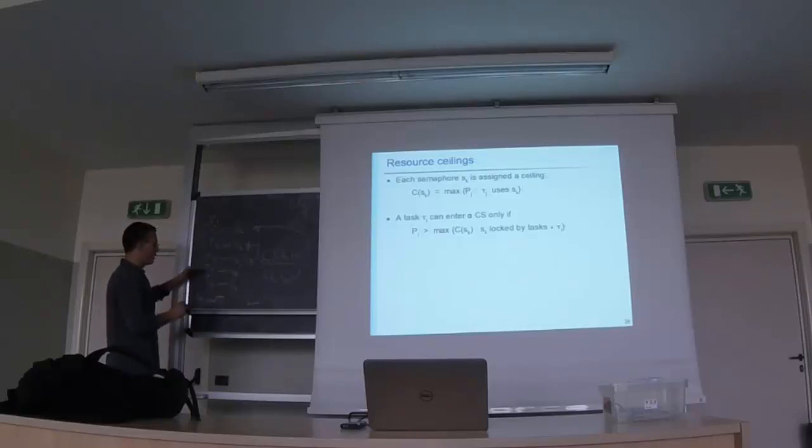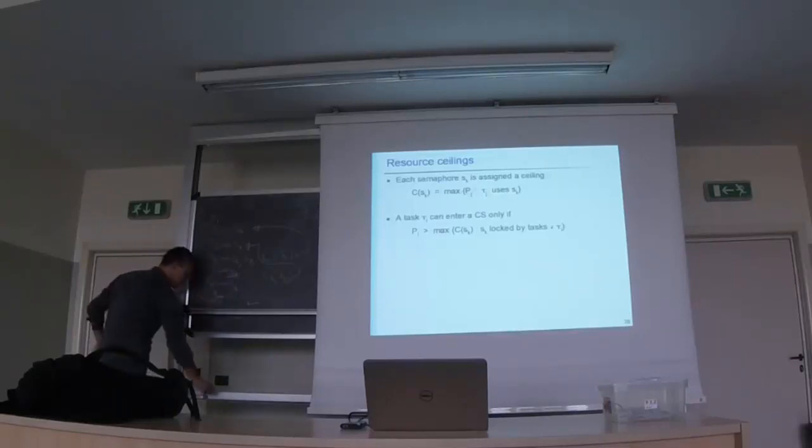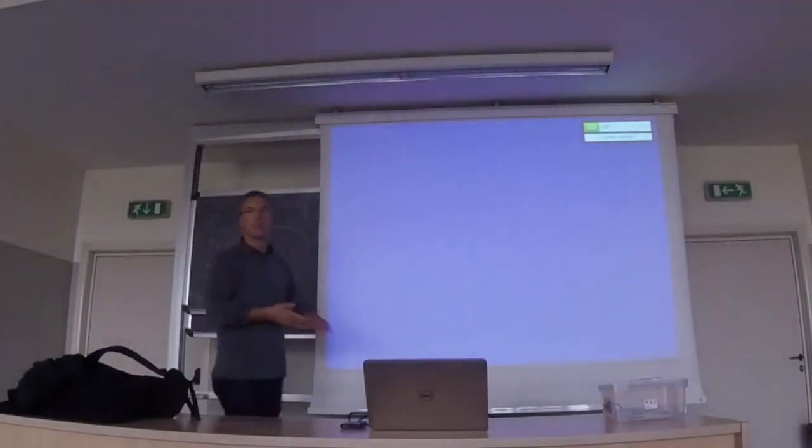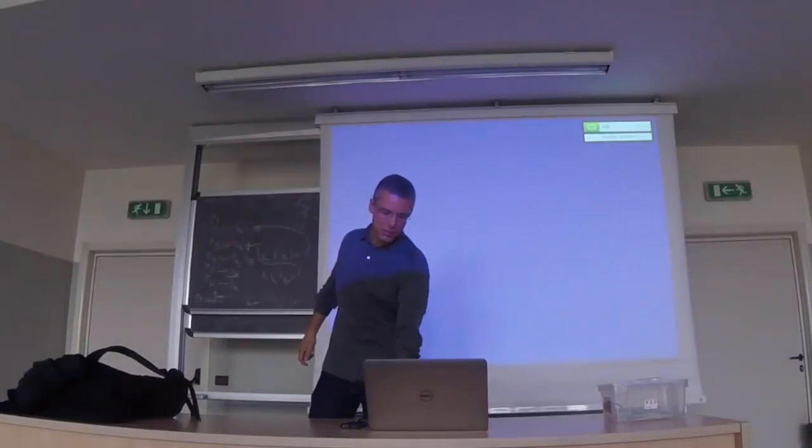Okay? If SA is locked, maybe by tau 6, okay? If SA is locked by tau 6, then tau 5 cannot lock its semaphore SB. Despite SB being free, it will not be able to lock its semaphore. Okay? Ceiling blocking. Ceiling blocking.